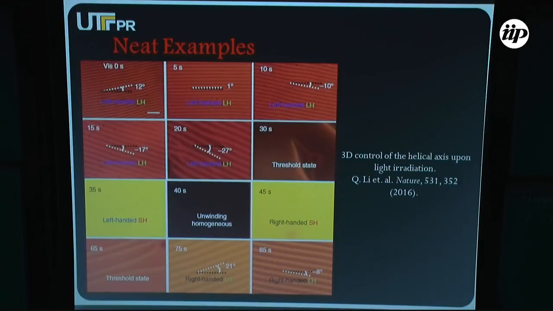And then when they shine light, their motor, their switch they use here, the chiral dopant, changes configuration very abruptly, very fast. So you don't have a uniform state; if you don't illuminate the whole cell, you get all these different states here because you have different regions that have different pitch.